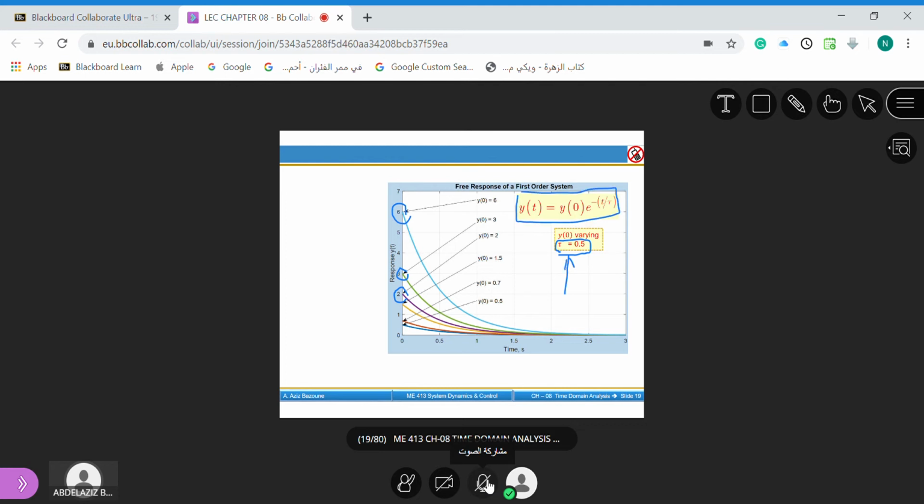We are just changing y0 and plotting, but we fixed tau at 0.5. Any question?